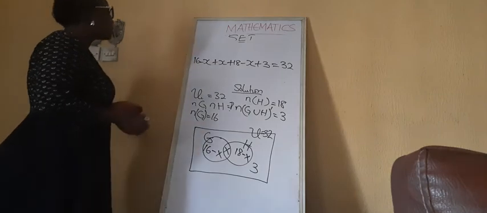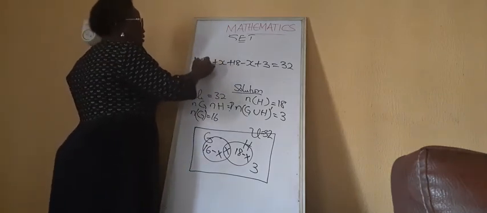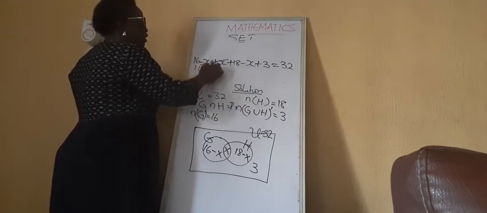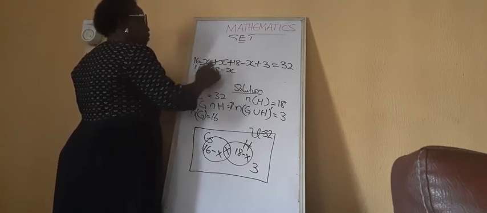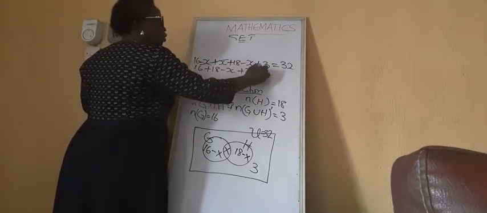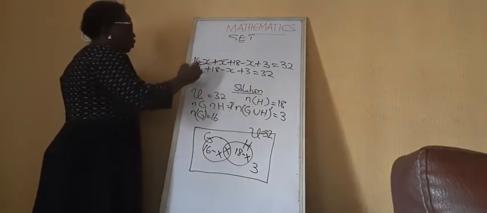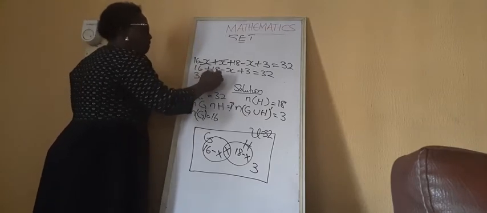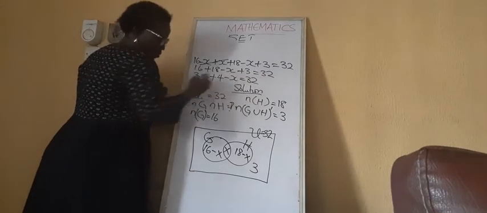Now look at this. You can easily see minus X plus X will cancel. So you have 16 plus 18, then minus X plus 3 is equal to 32. So from here, 16 plus 18 is what? 34 plus 4 minus X is equal to 32.